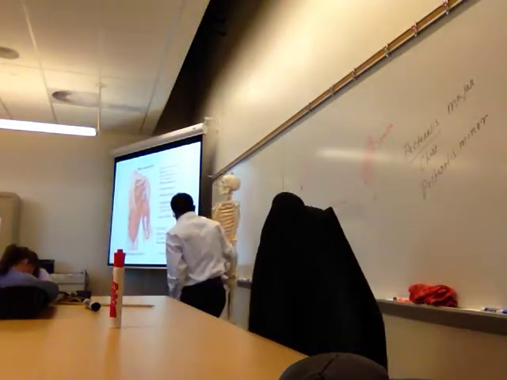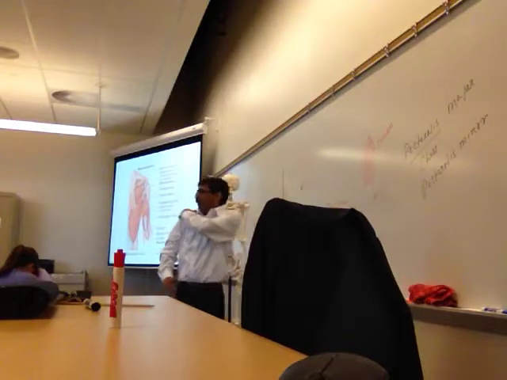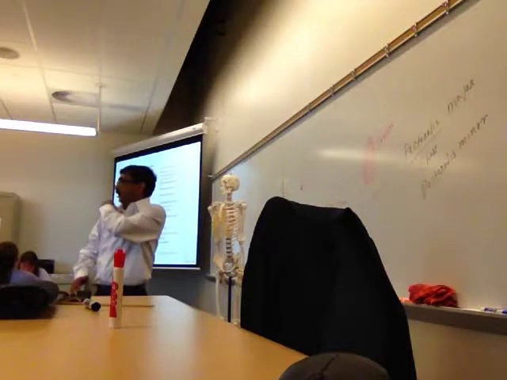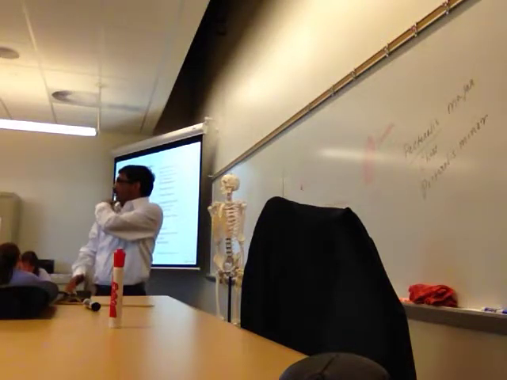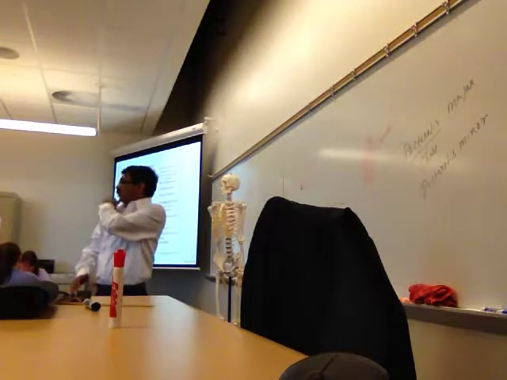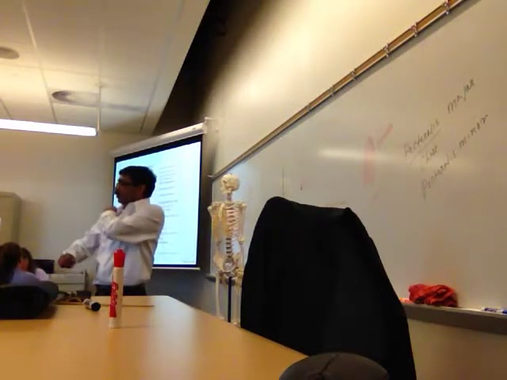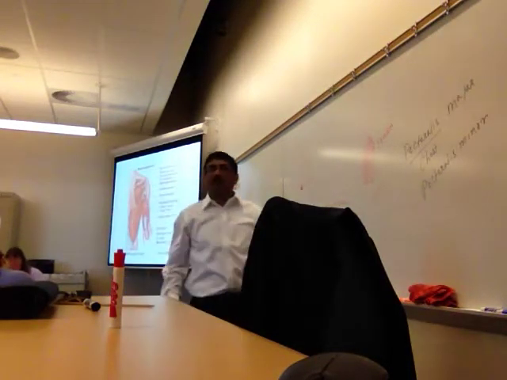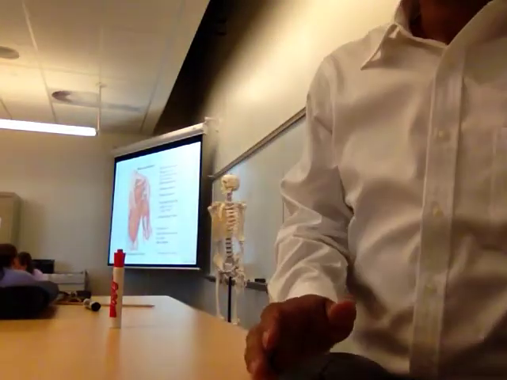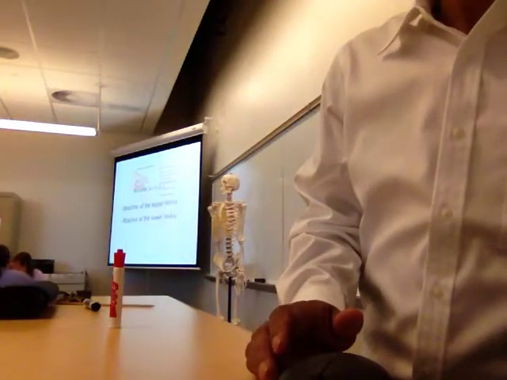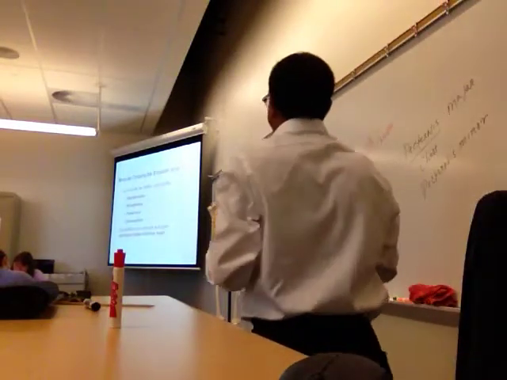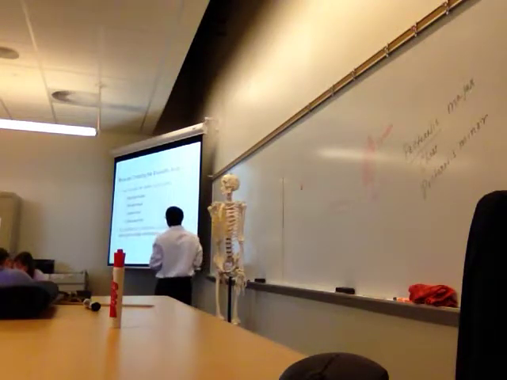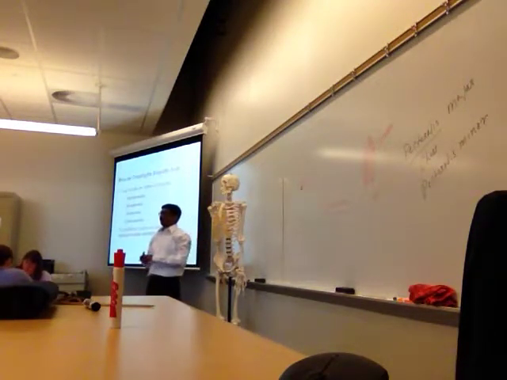The muscles of the upper part of your upper limb, they help in what? They will work on the shoulder joint. So the muscles in the upper part of the upper limb help in the movement of the shoulder joint.